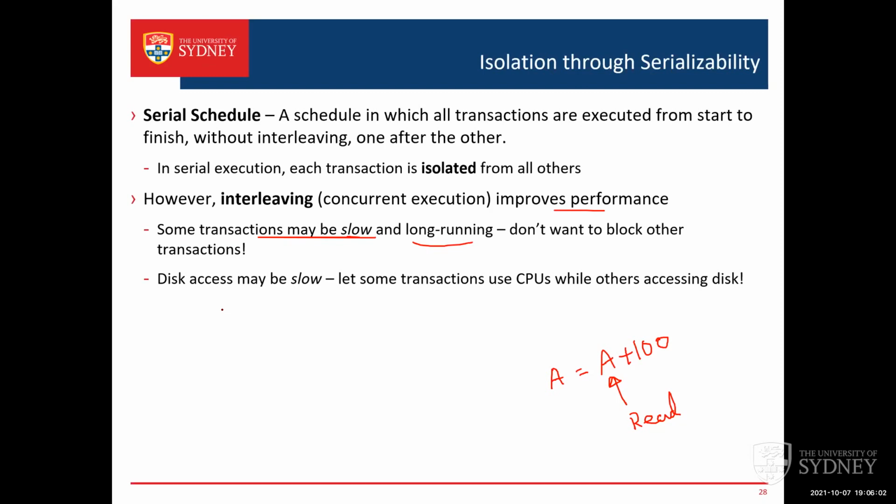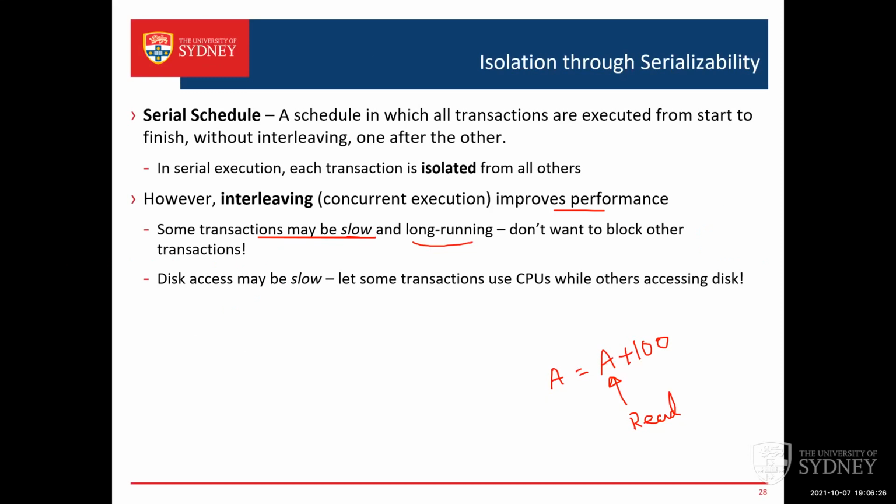But if we interleave something, so that when some read is happening, at that time we can perform some operation for other transactions using the CPU. Right? So that's what the idea is. That's how we can save some time. Hopefully it makes sense that interleaving definitely improves the performance.